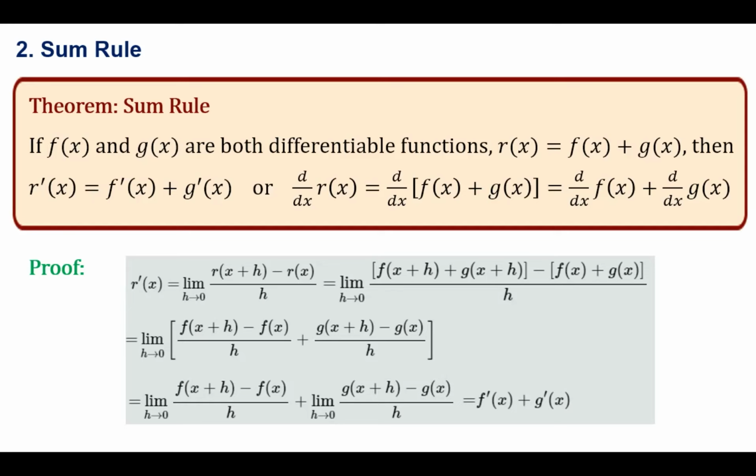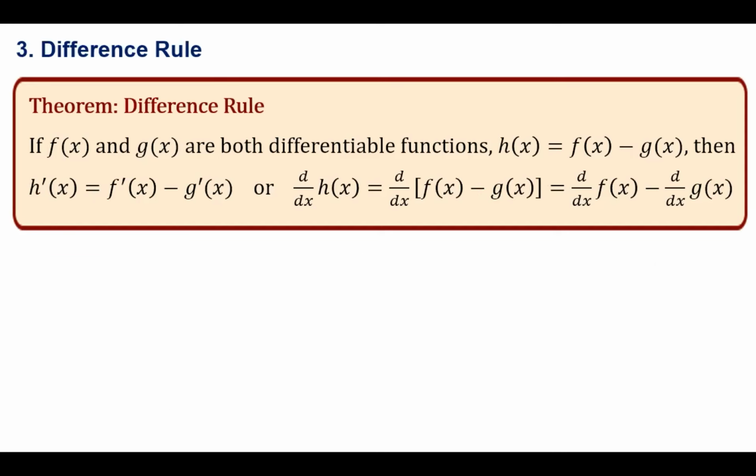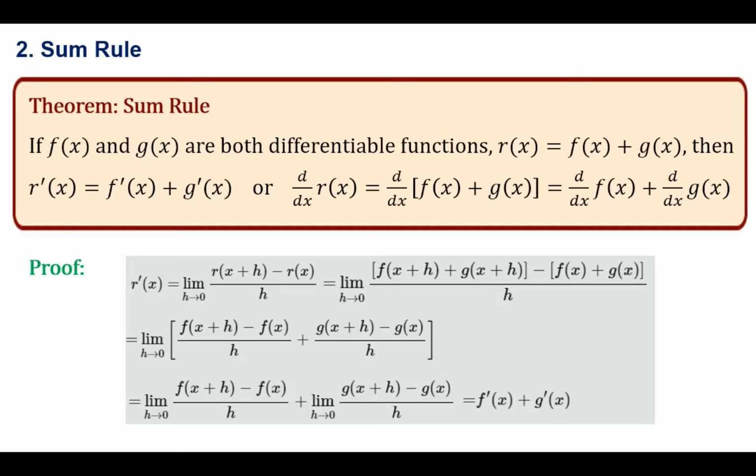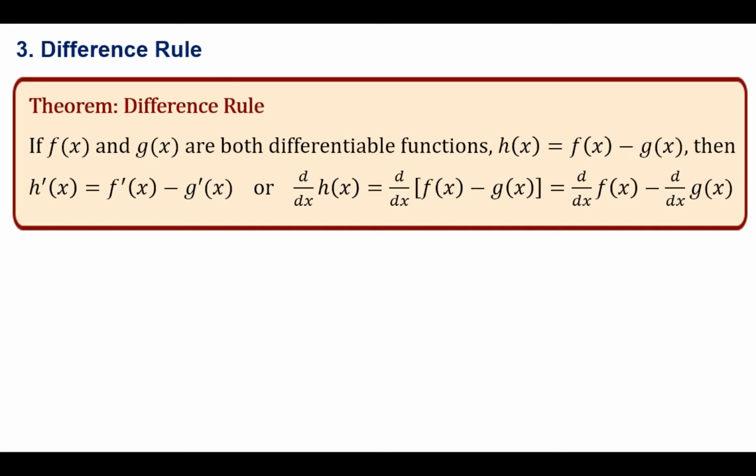Similarly, we have the next rule, which is called the difference rule. Simply, if you substitute the plus sign with the minus sign, this is also true. If f(x) and g(x) are both differentiable functions, and h(x) is defined as f(x) minus g(x), then we have the following difference rule.